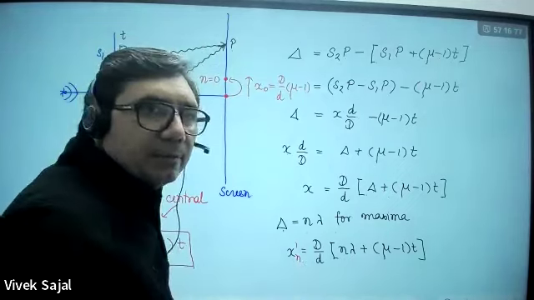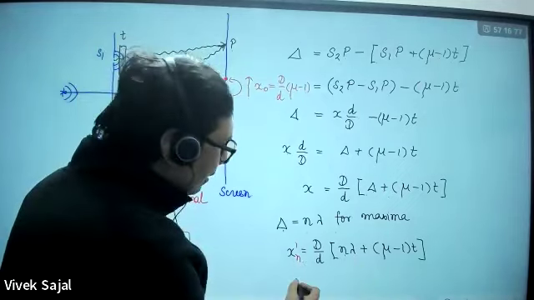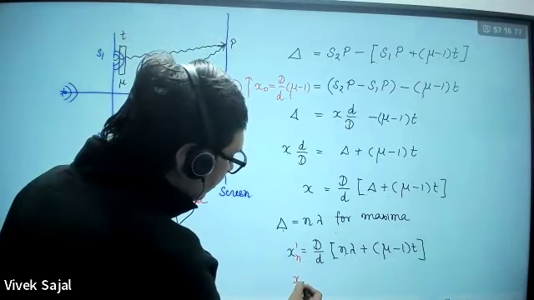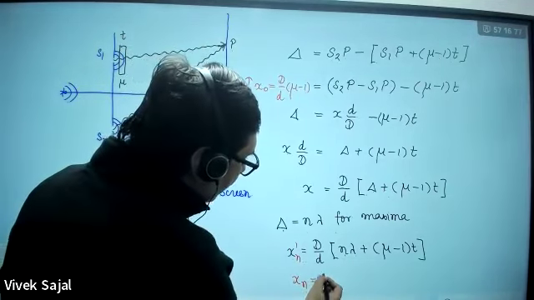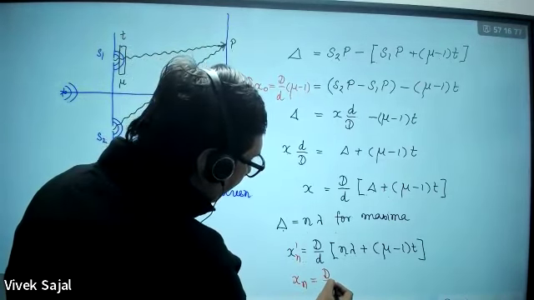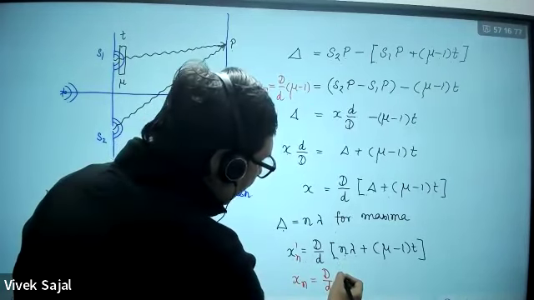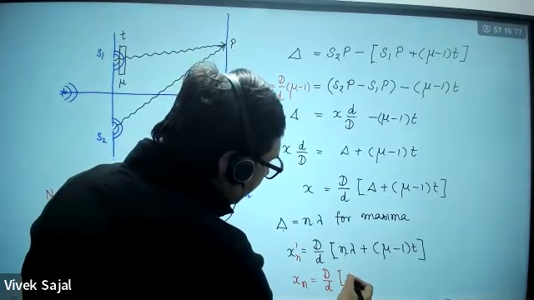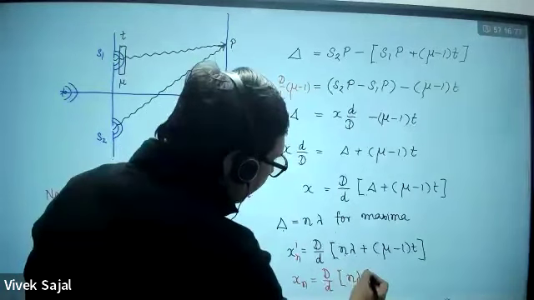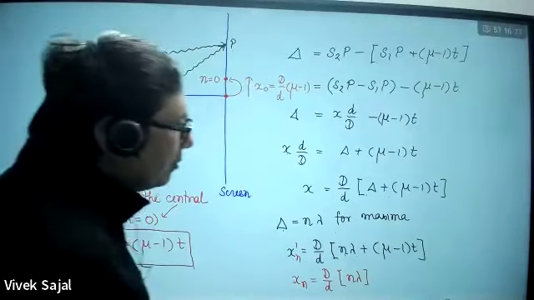You observe this is the new position of the nth maxima. If you are introducing the glass plate here, what was the old position? The old position was D by d, and this will be n lambda only. This was equal to n lambda only when there was no glass plate.